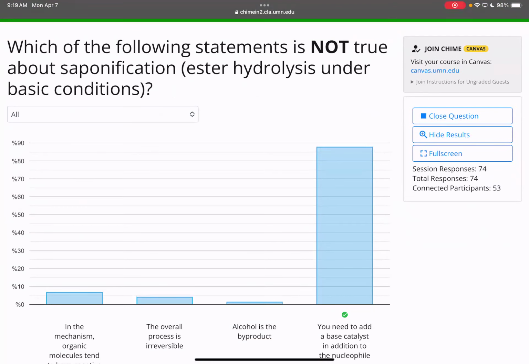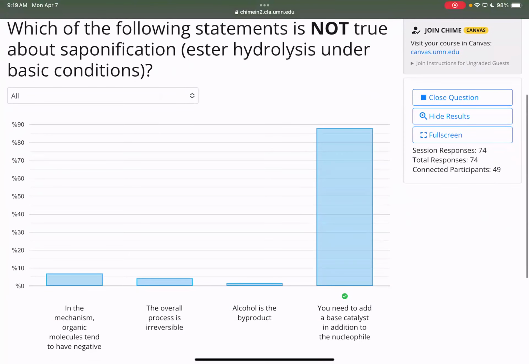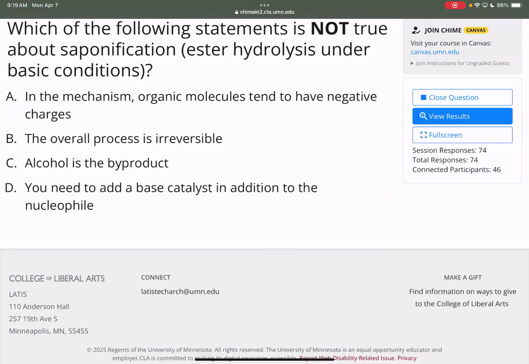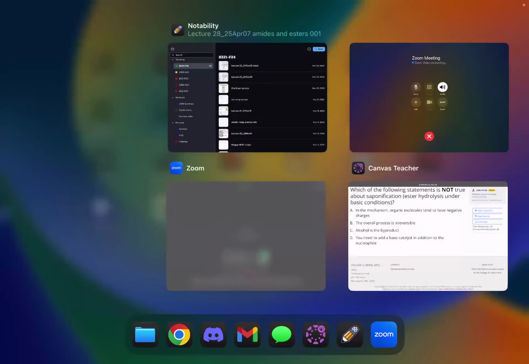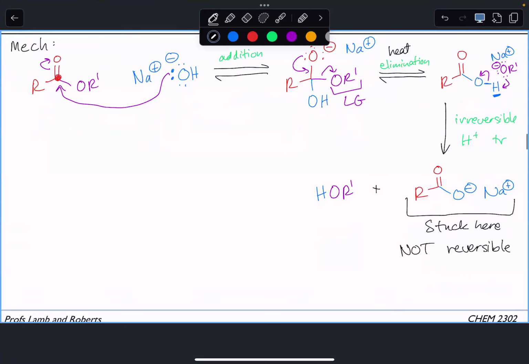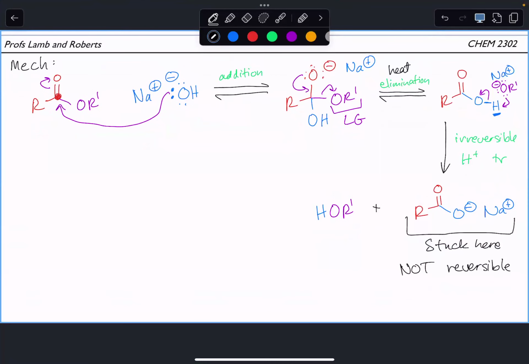You have stoichiometric base, which is your nucleophile. Molecules do tend to have negative charges. The overall process is irreversible because of that last deprotonation step, and alcohol is the byproduct. Excellent job. So it seems like we're doing okay with saponification. Any questions on ester hydrolysis before we switch to amides?